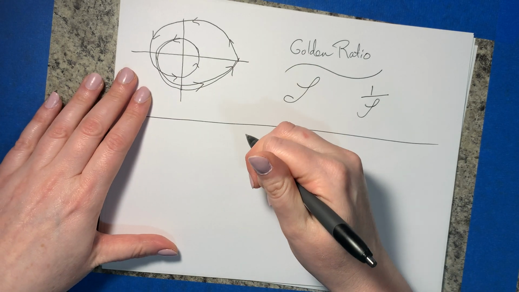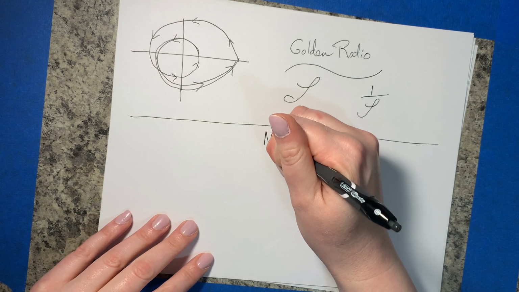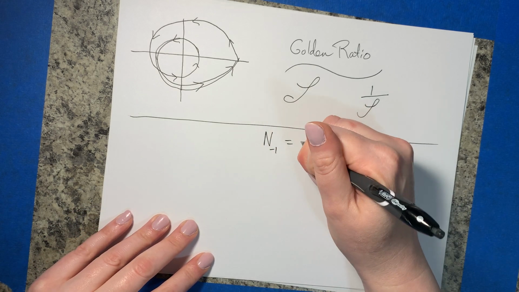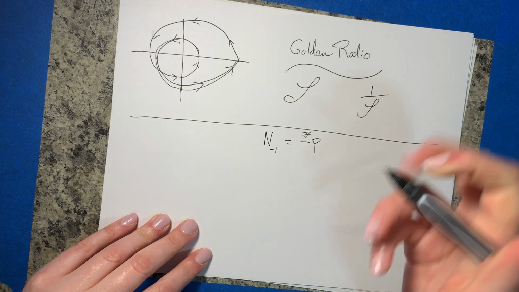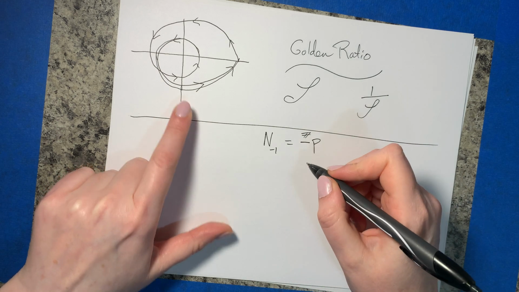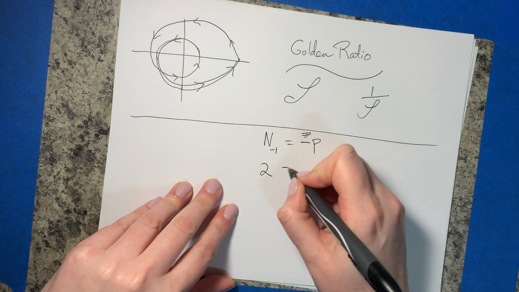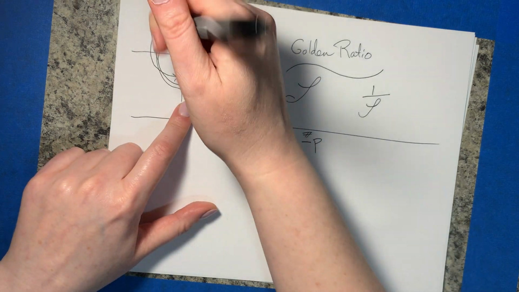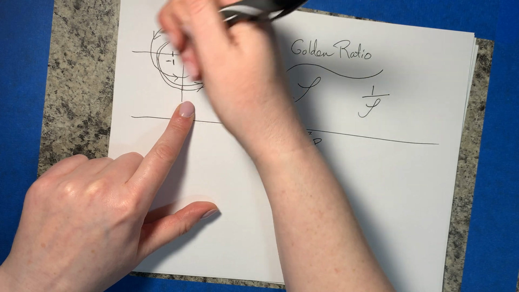Now, if we wanted to use our Nyquist stability criterion, again, writing out that formula, N should equal negative P. All right, so the conditions for which this is stable happen to be that anytime we have, let's say our negative 1 is in here, encircled 2 times.